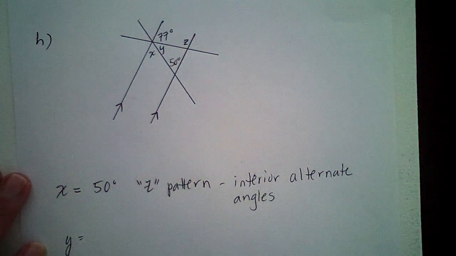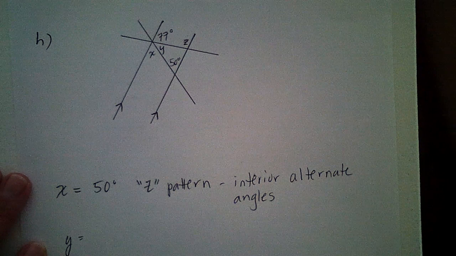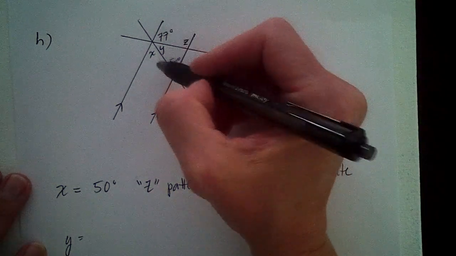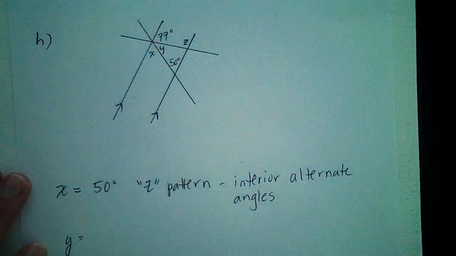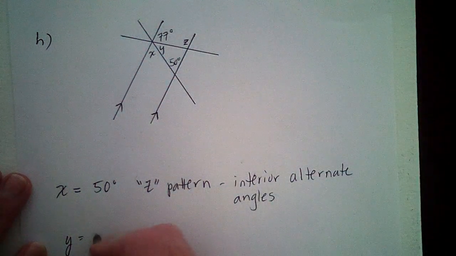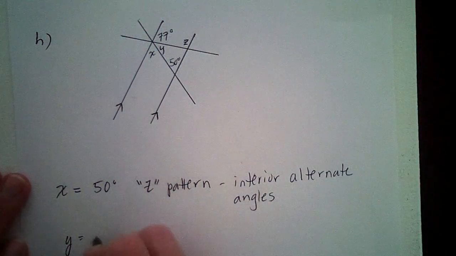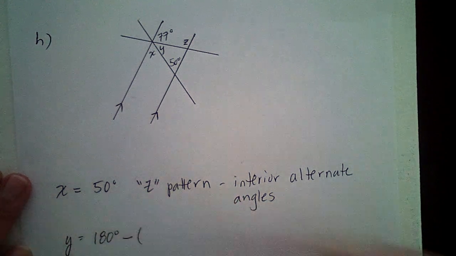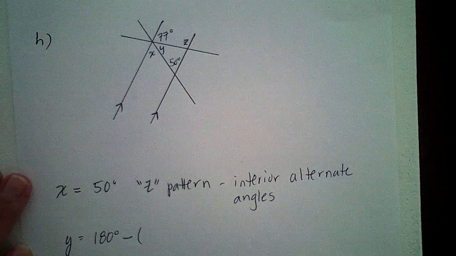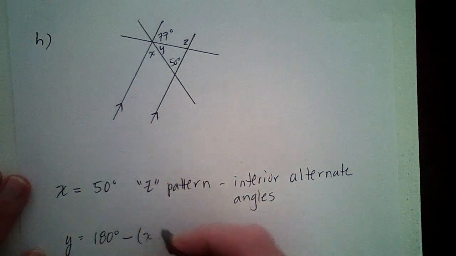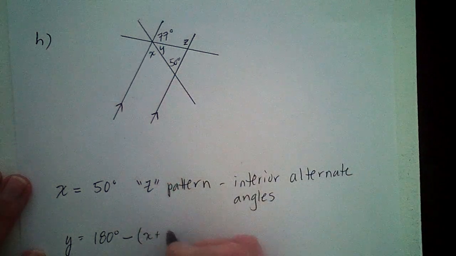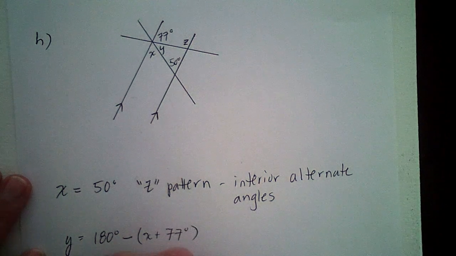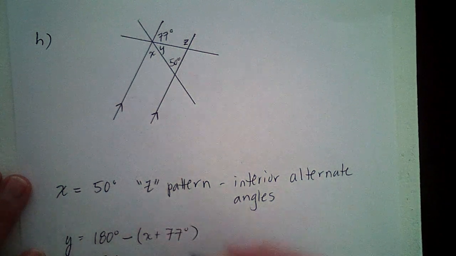But the easiest way right here is the idea that Y is equal to 180 degrees minus the two other angles. Okay, so X plus 77 degrees. We have already solved for X, so I'm going to continue on with my line.